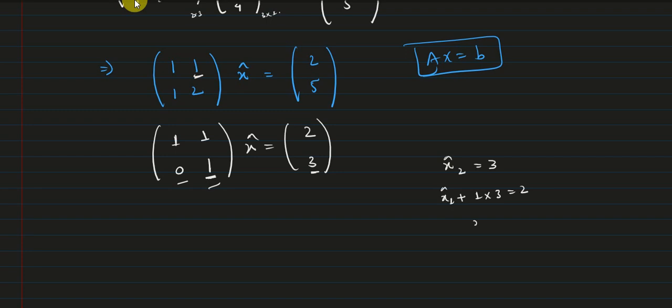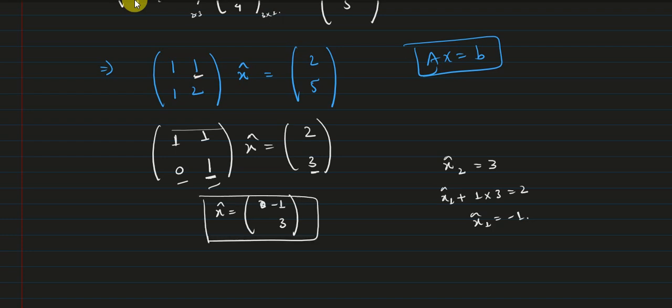So x hat 1 will be 2 minus 3, that is minus 1. So overall we can say x hat we will get minus 1 and 3, right? Now if you do the multiplication with this, then minus 1 and plus 3, that is 2, correct? And 0 3, so correct. So we have got this x hat.